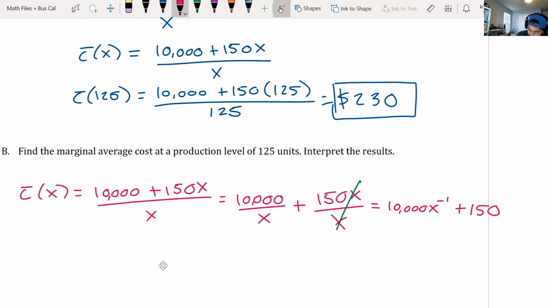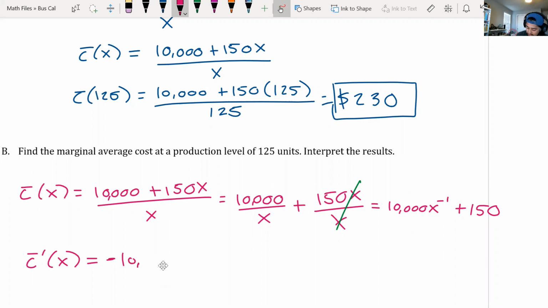So now we're going to get c bar prime of x. And what is the derivative of 10,000x to the -1 going to be? -10,000.